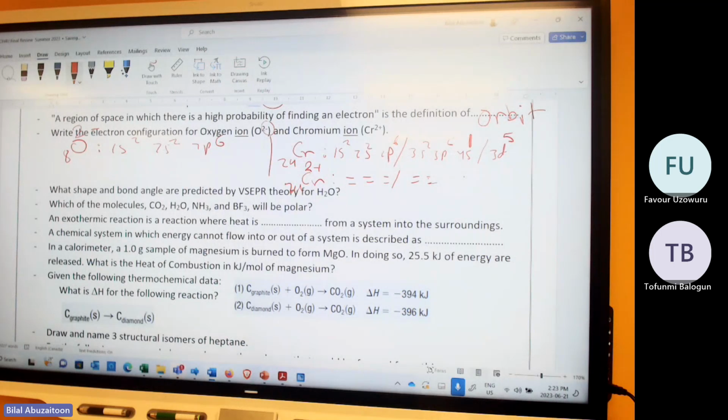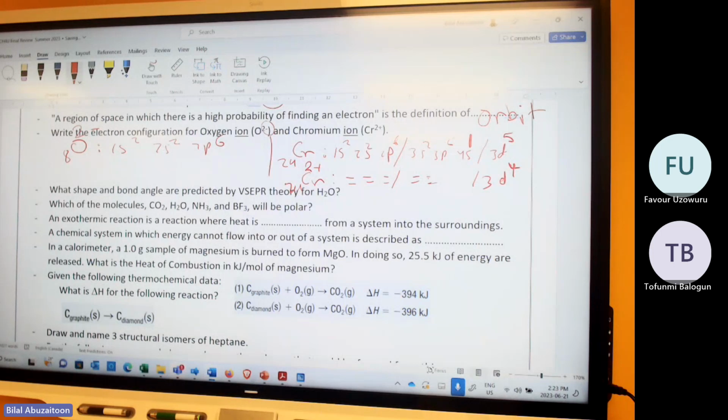from 4s. So I will keep 3d4. The electrons, one from the s and one from the d5, to leave it as d4. Okay?